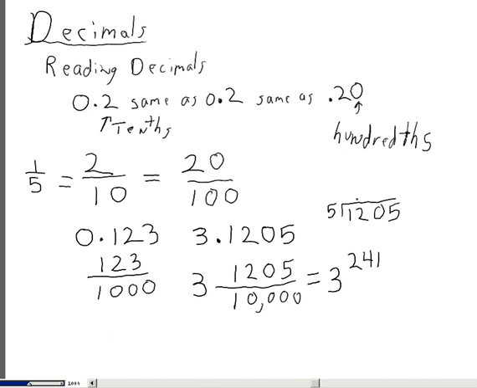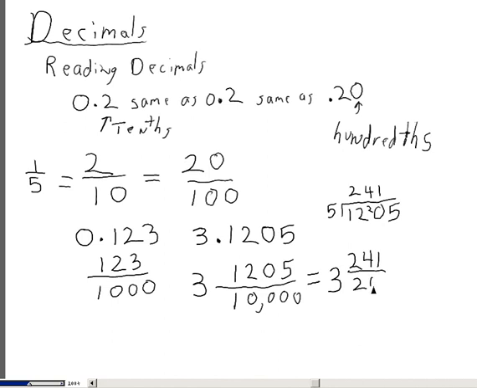The 5 goes into 12 2 times. 2 times 5 is 10. And when you subtract, I get 2 left over. I'll just put a little 2 here. So 5 goes into 24 4 times. And 4 times 5 is 20. When I subtract, nothing left over, and 5 goes into 5 one time. So it is 241 over, and if I take 5 into 10,000, you'll get 2,000.